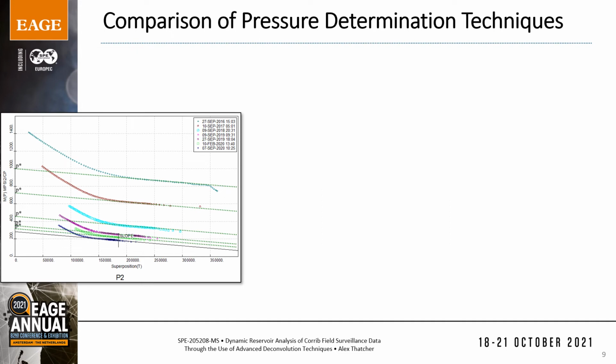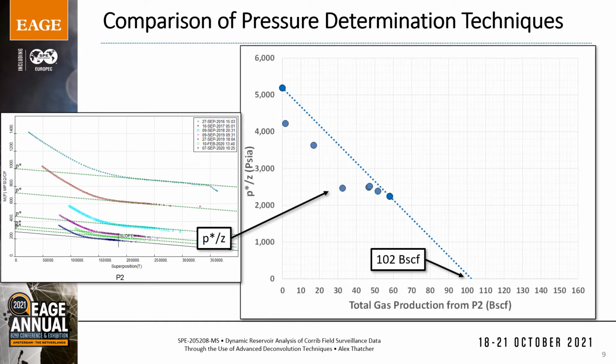These pressure points are placed on a gas material balance plot, P over Z versus P2 well production. Fitting a straight line through these points to P over Z equal to 0 should yield the GIP. Using this technique, the GIP would be 102 billion standard cubic feet.